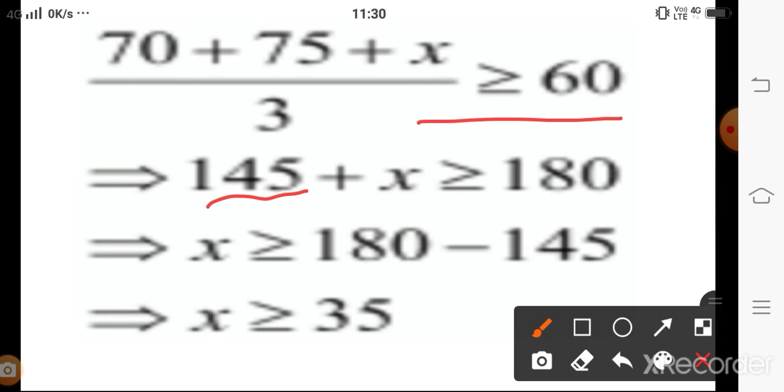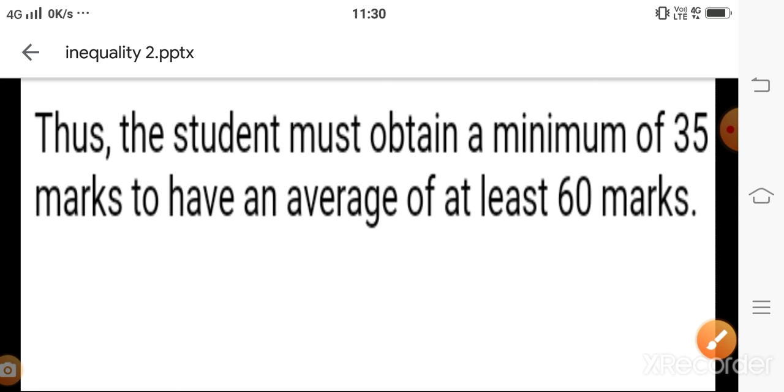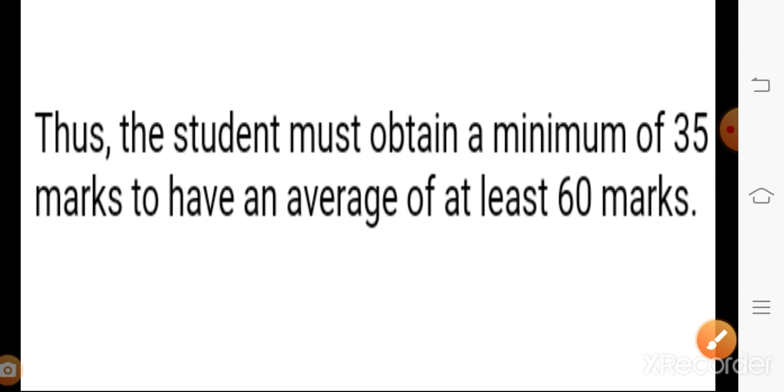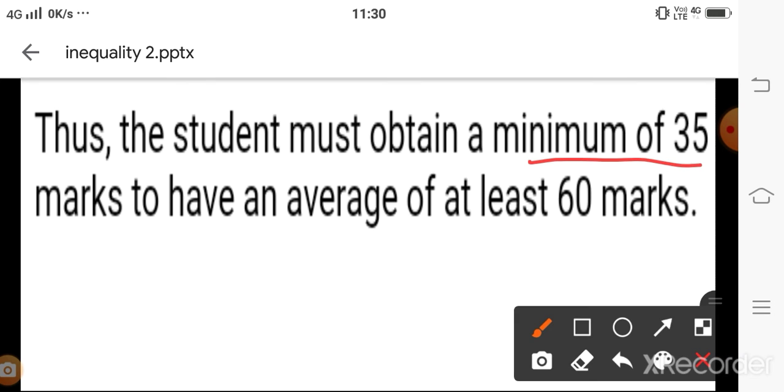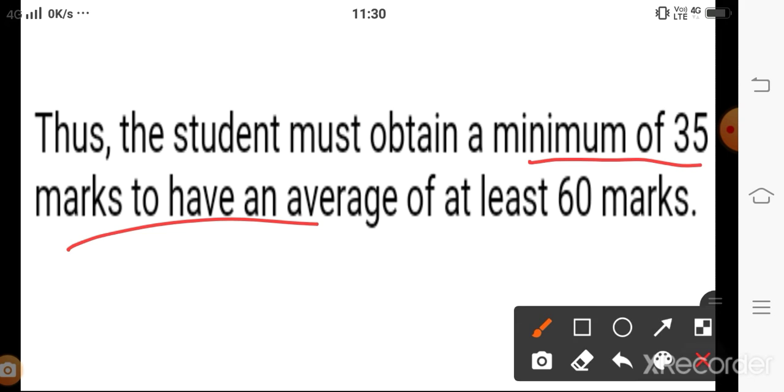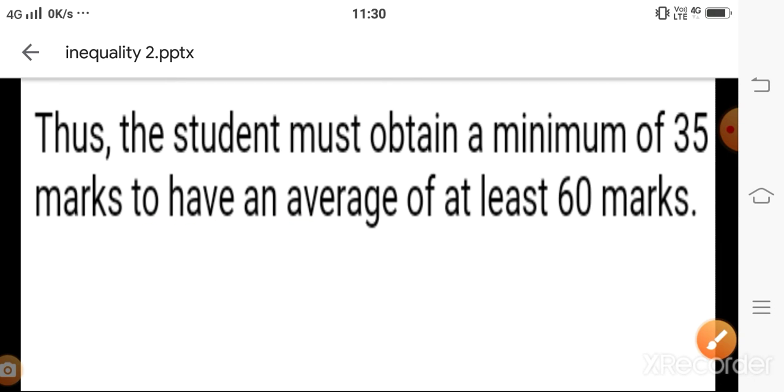If you multiply both sides by 3 we are getting 180, and if you subtract 145 on both sides, then we are getting 180 minus 145 as 35. Means x should be greater than equal to 35. The minimum marks in the third exam we are getting as 35 to obtain an average of at least 60 marks.